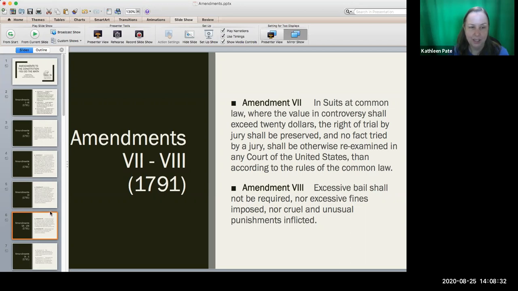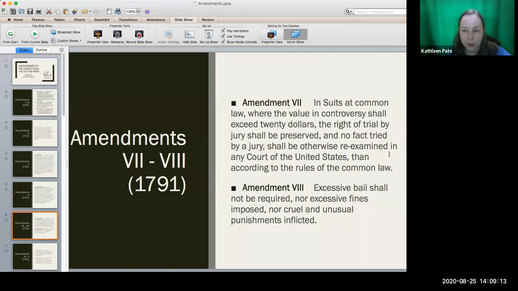All right, so let's go. Why don't we go backwards, because these later ones are shorter, so probably easier to remember. If you were going to rephrase Amendment 8 or Amendment 7, shortening those to words that we use today, have you ever heard that we have a right to a jury trial, a trial by our peers?